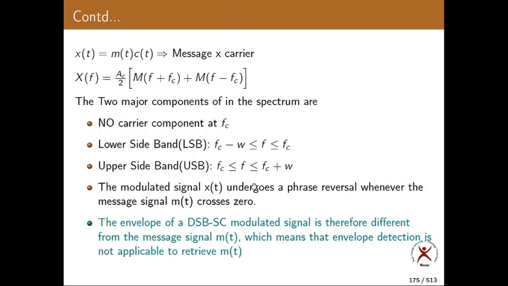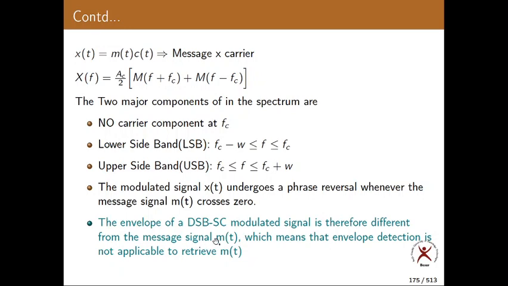Now let us go to the last aspect of DSB-SC, that is demodulation. How do we demodulate AM? We used a device called an envelope detector. Here we don't use that, because the envelope of DSB-SC is different from the message signal.